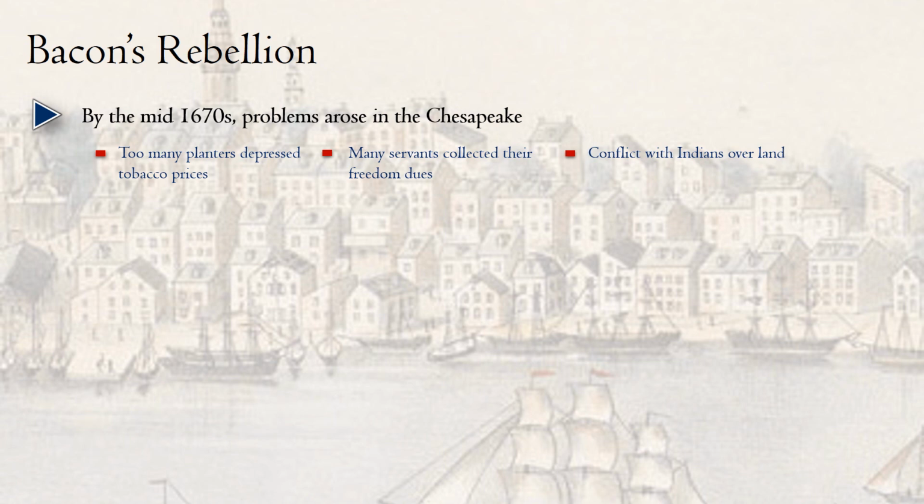On top of that, many servants who have moved out there are coming to the end of their 5 to 7 year contract and they're starting to collect their freedom dues. And so they are moving further west. As they move further west, they come into conflict with Native Americans over land because this is what they want to do. When they become free, they say, I want to become a planter. I want some land. I want to make some money. And of course, that brings you into conflict with the people who actually are on that land, which are the Native Americans.